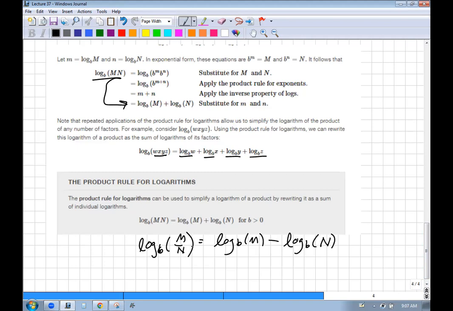You can see that easily by rewriting the m over n as m times n to the minus 1. So you can break it into a sum, and then that minus 1 comes out and turns it into a minus. So you also have the quotient rule.